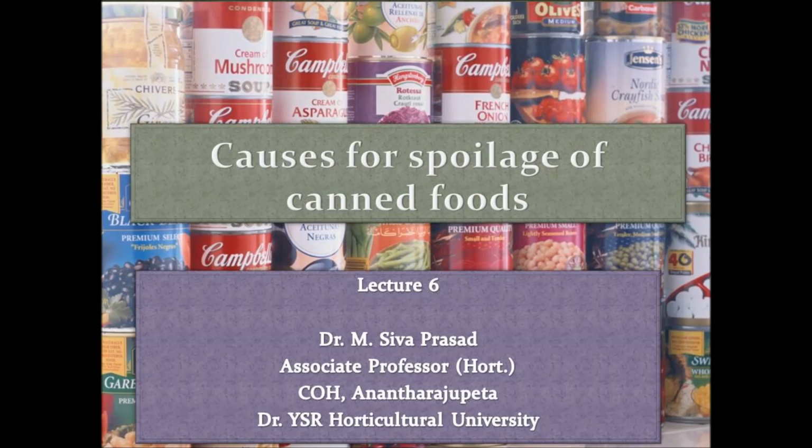Hello students. So till now we have discussed canning and bottling of various horticultural produce, fruits and vegetables. Even if you take utmost care in processing them and keeping them for longer periods of time, there are plenty of chances by which a canned or bottled food is going to be spoiled, because of various reasons.